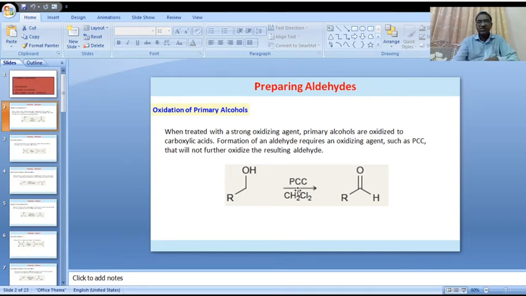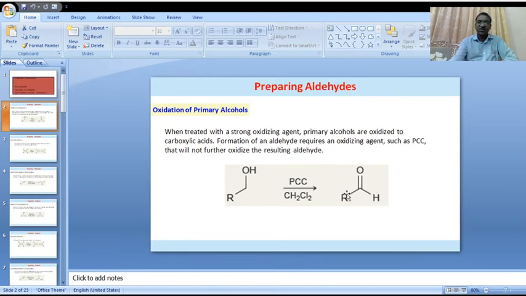If we use strong oxidizing agents like chromic acid or potassium dichromate, the reaction generally gives carboxylic acids.